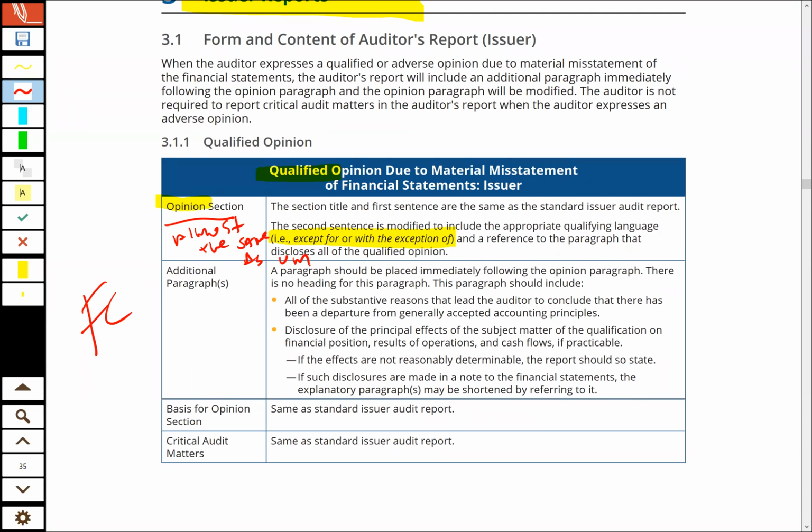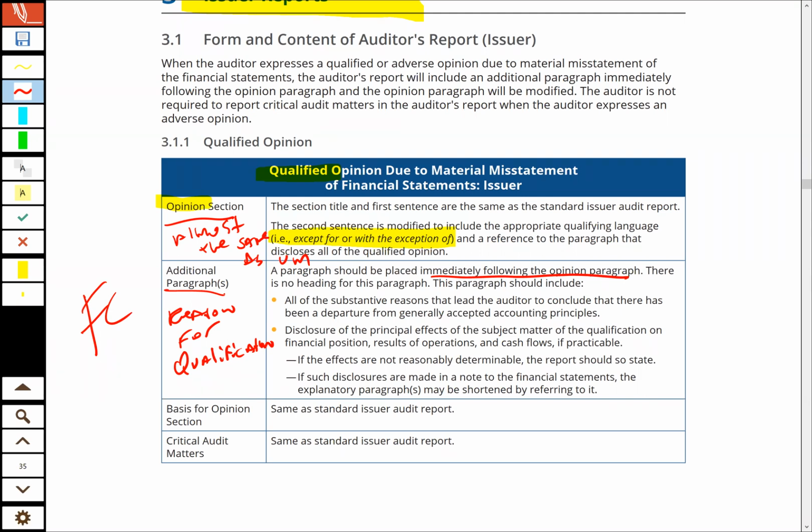Then you put an additional paragraph immediately following the opinion paragraph, and it'll give the reason for the qualification.